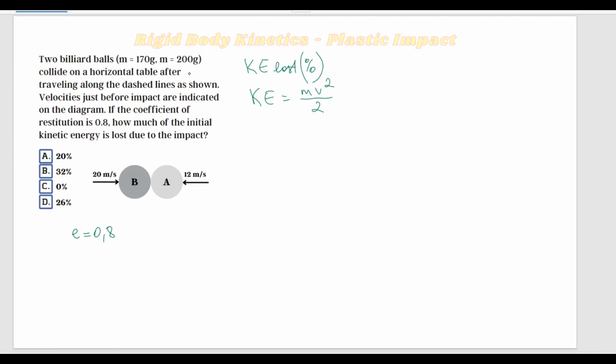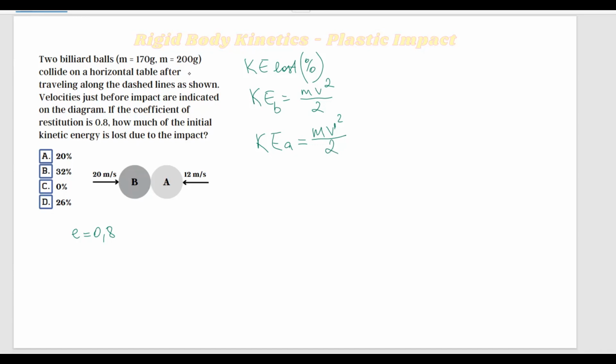Now we have the masses and the velocities before impact, so we can calculate the kinetic energy before impact. What we need to find out is the velocities after the impact, and then the kinetic energy after the impact, which is mv prime squared over 2.